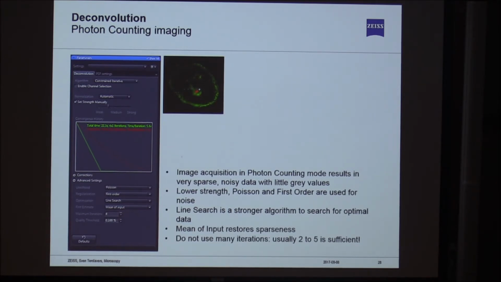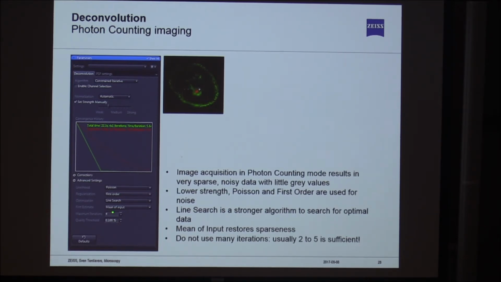Now here, deconvolution will take a little bit longer because it has to look for all data possible in the sample, in the image itself. And we're also going to choose line search instead of analytical. Line search searches a bit deeper, longer, and better, but it will also increase the deconvolution time.